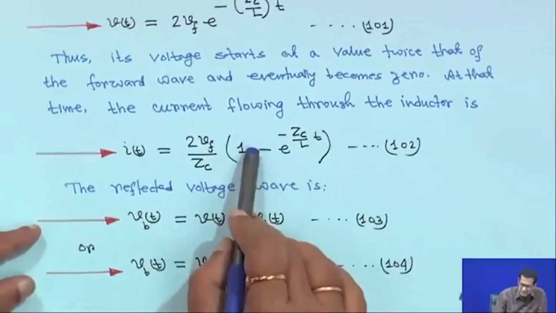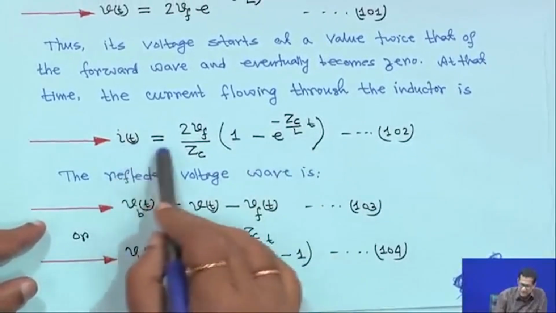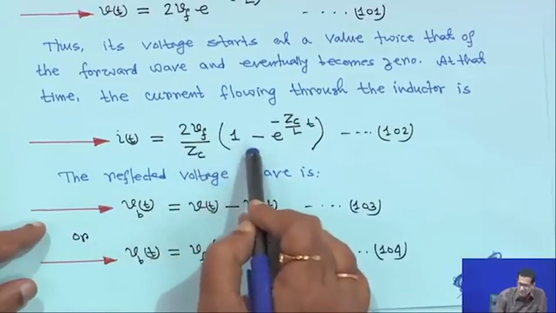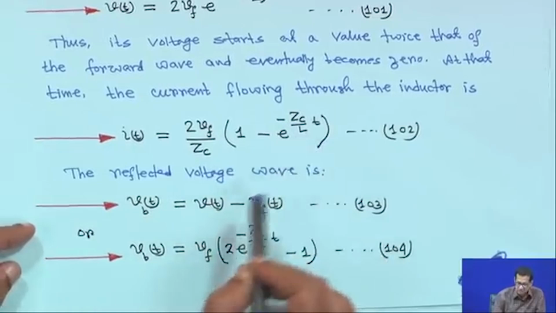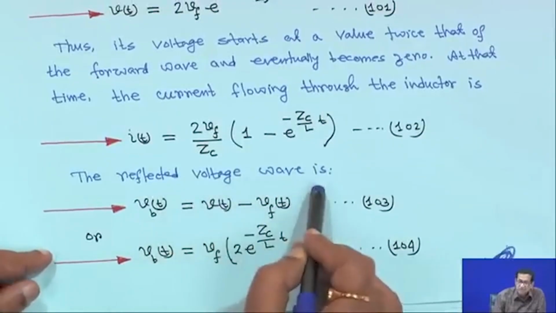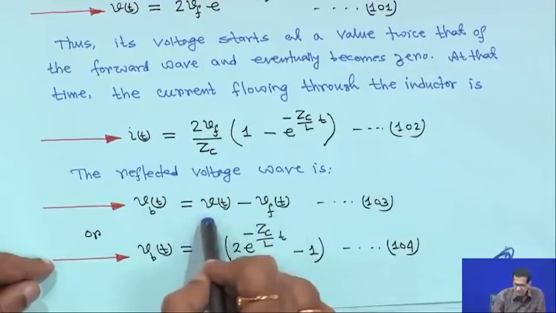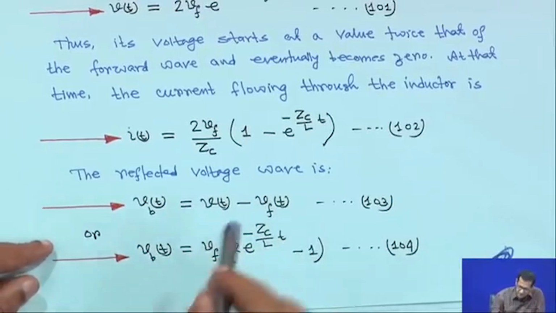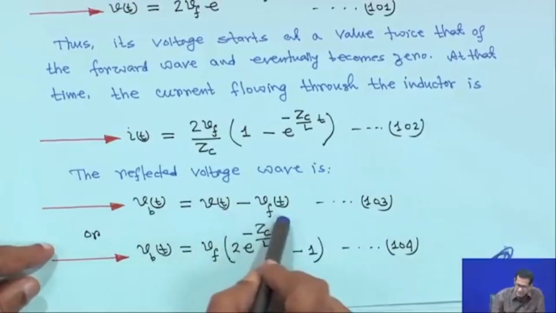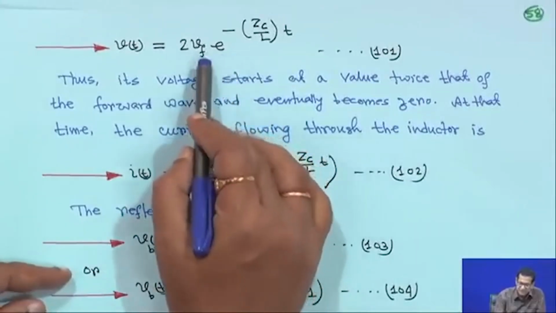Similarly, the current expression is I(t) equal to 2 V_f upon Z_c into 1 minus e to the power minus Z_c upon L into t. Therefore, the reflected voltage wave is V_b(t) equal to V(t) minus V_f(t), since V_b plus V_f is equal to V(t). This V(t) expression is known in terms of V_f.